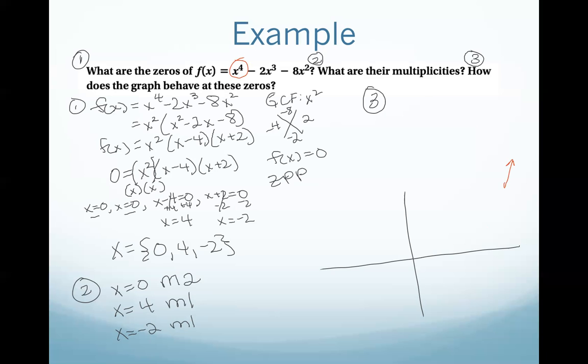So that's going to go up, up. Up and up. Okay, and then we sketch the zeros. So I have 0, 0, 4, 0, negative 2, 0.